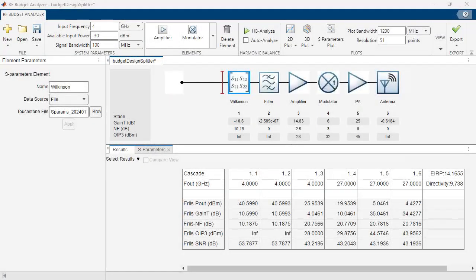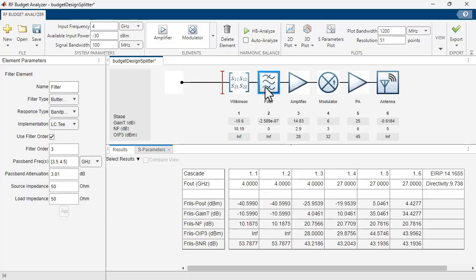Let's now look at a practical example that can help us understand the impact of dispersion. In this case, we start from the budget analysis of the single chain that is part of our transmitter. The first element represents the Wilkinson splitter with a loss of 10 dB, representing the splitting between the input and the 8 ports.